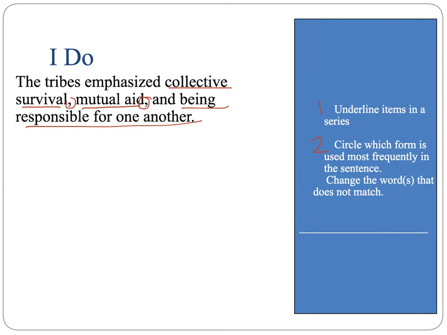So what I'm going to do here is I'm going to circle these 2 because those are the ones that are used most frequently. And then I'm going to go on to step 3 and I'm going to rewrite my sentence.